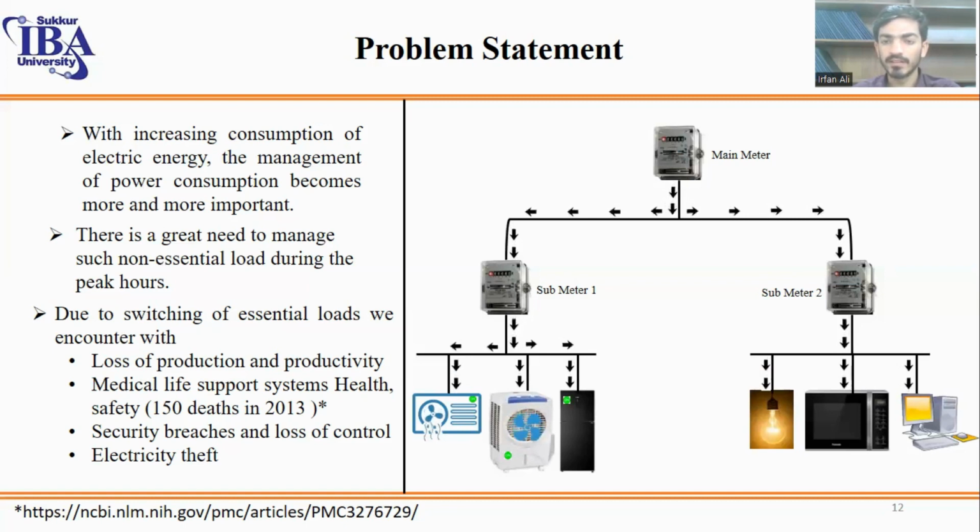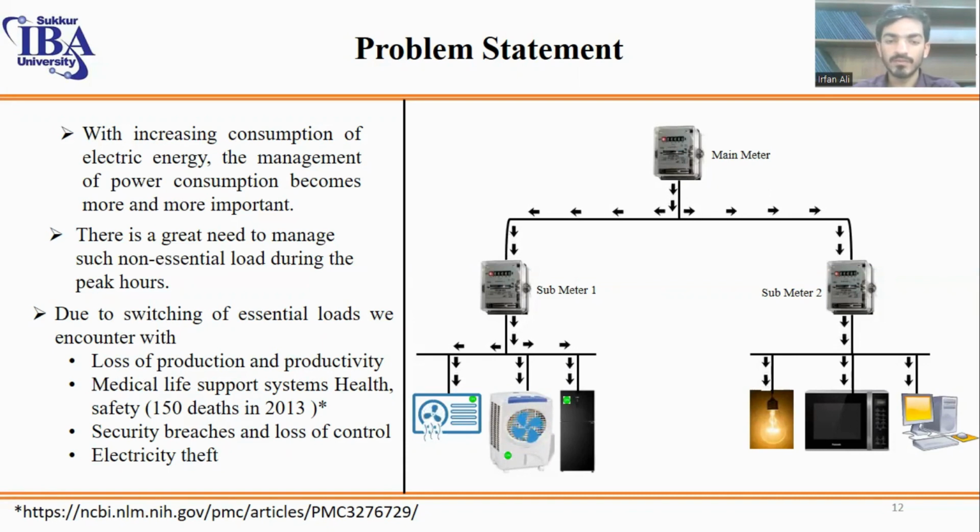In the figure on the right side, we can see a main meter through which there are two submeters, submeter 1 and submeter 2. With submeter 1, three loads are connected: an air conditioner, an air cooler, and a deep freezer.